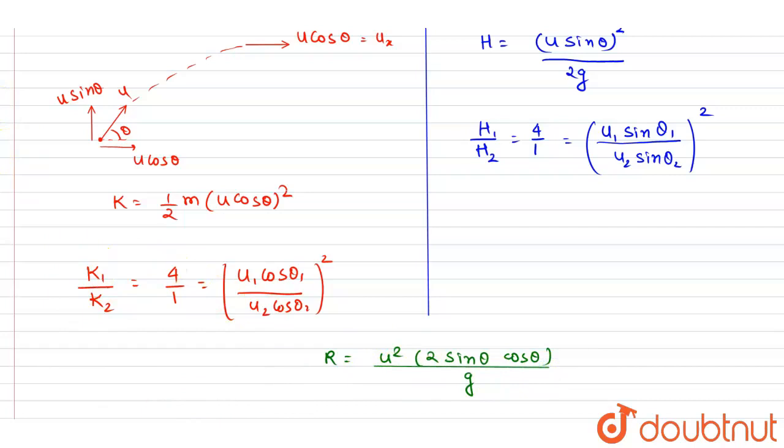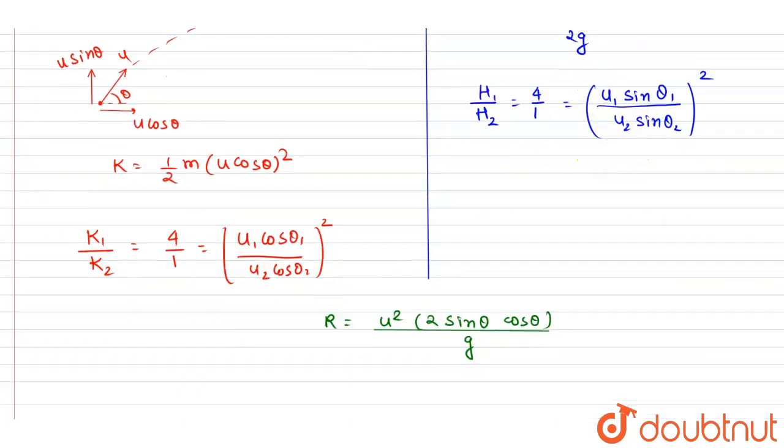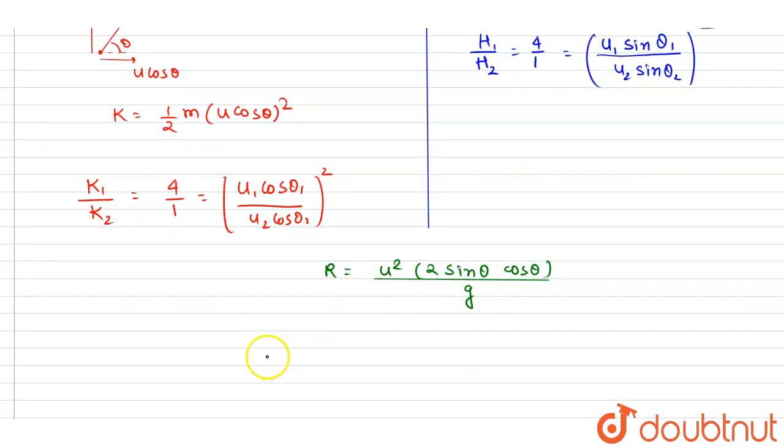If you see, the kinetic energy ratio is this and the height ratio is this. So if I write down this range, you can write down this range square is directly proportional to u sine theta whole square and u cos theta whole square, and we squared both sides basically, right? We took sine with u and cos with another u, and we squared both sides.